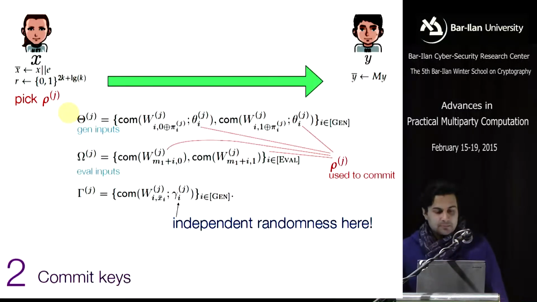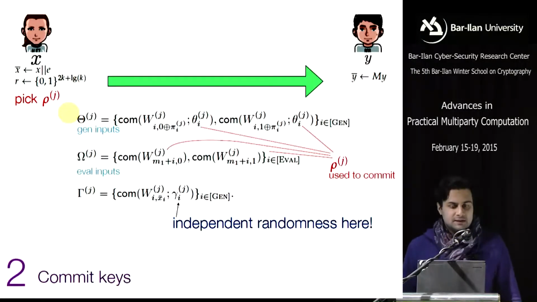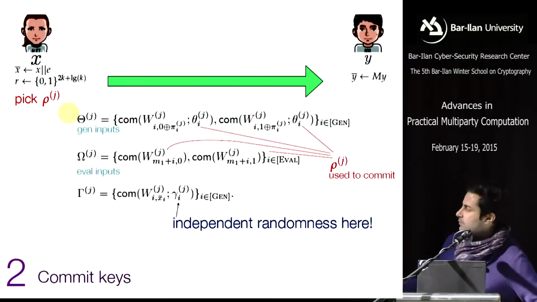In the second step, Alice is going to send over a series of commitments that are needed in order to do all of the consistency checks and to execute the circuits. In particular, for all of the generator's input, she's going to commit to the 0 wires and the 1 wires using this type of randomness.